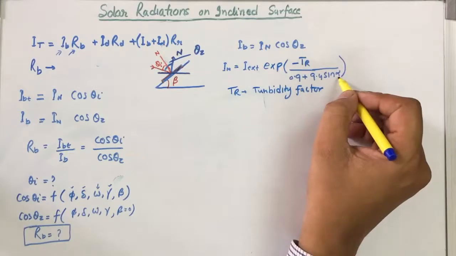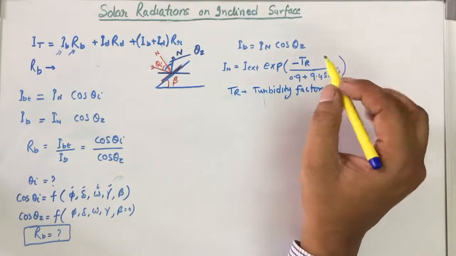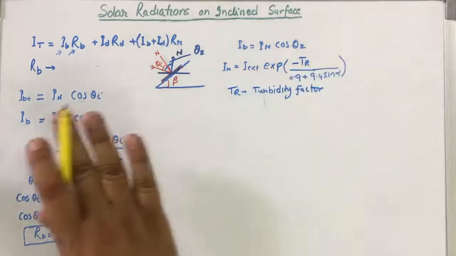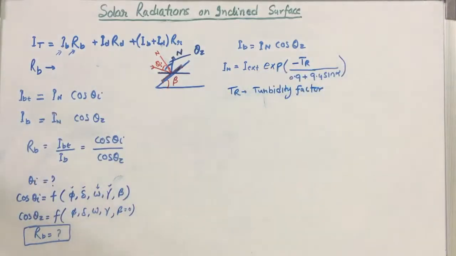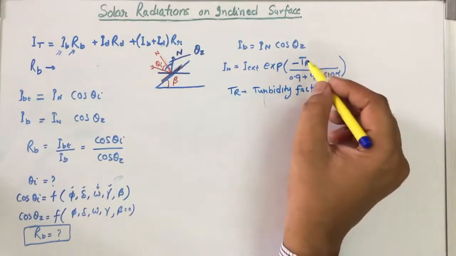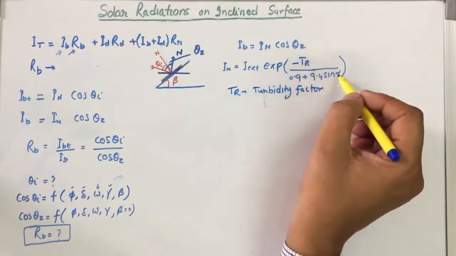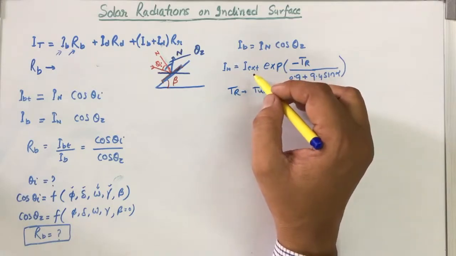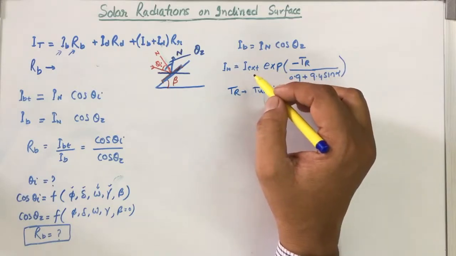And alpha we know, that is the angle between the point of interest to the center of earth forming from the equatorial plane. So in that way, this thing will be provided to you in the problem that is defined for any location. So the only left term is I at extraterrestrial region.